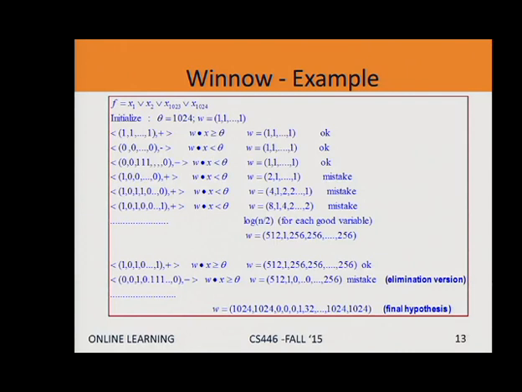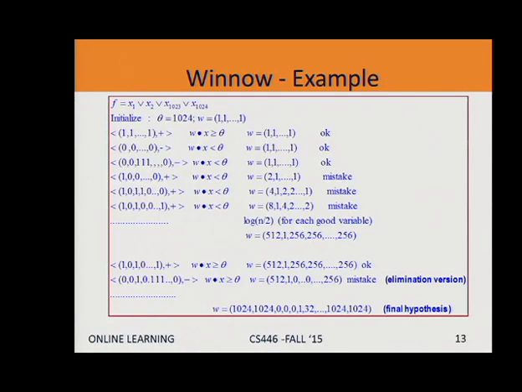I see a first example, it's all 1s, it's a positive example. Well, my dot product also thinks it's a positive example because the dot product is going to be exactly 1024. Nothing happens. Second example, it's all 0s, it's a negative example, as you can see. My dot product also thinks it's below threshold. Nothing happens. I still have, as my hypothesis, the all 1 vector.